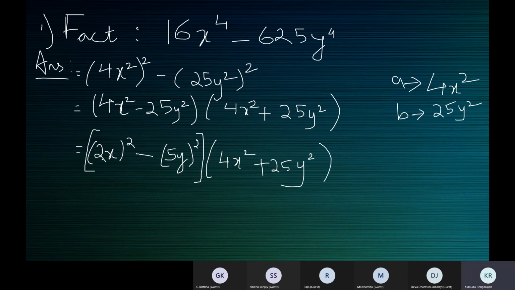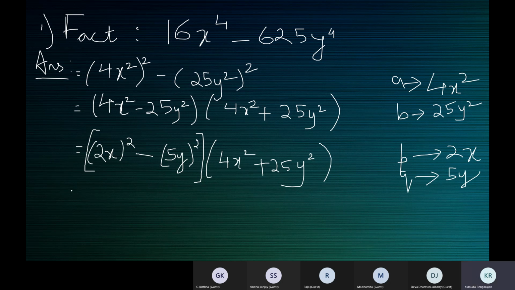Yeah, so now this is in the form p square minus q square, where p is 2x, p square is 2x the whole square. P is 2x. And q is 5y. Q square is 5y the whole square. Q is 5y.